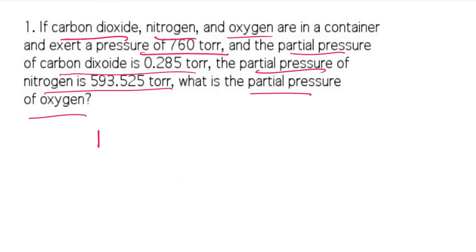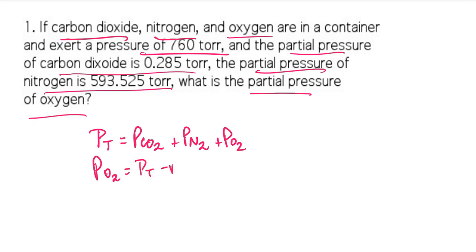Well, according to Dalton's law of partial pressures, for this mixture, the total pressure of the mixture should be the partial pressure of carbon dioxide plus the partial pressure of the nitrogen plus the partial pressure of the oxygen. If I rearrange, solving for the partial pressure of the oxygen, that's the total pressure minus the partial pressure of the carbon dioxide minus the partial pressure of the nitrogen.